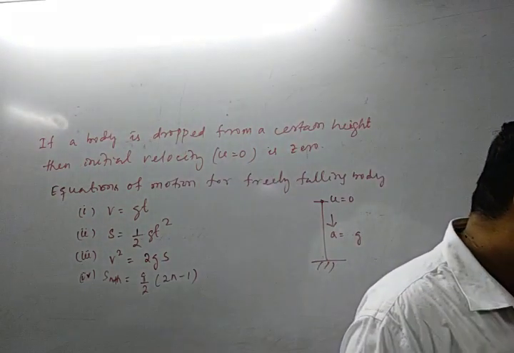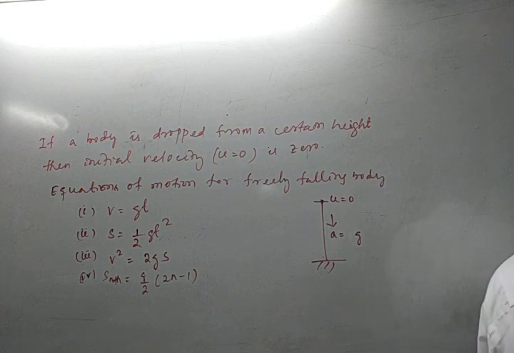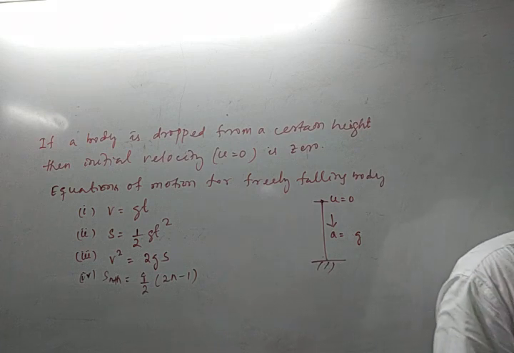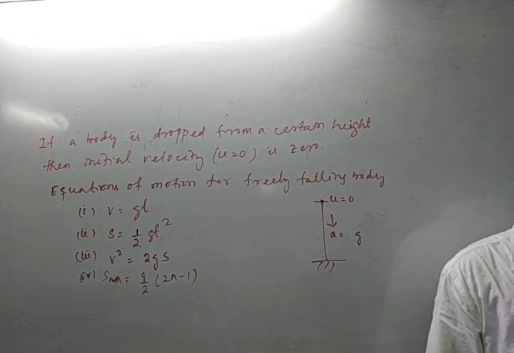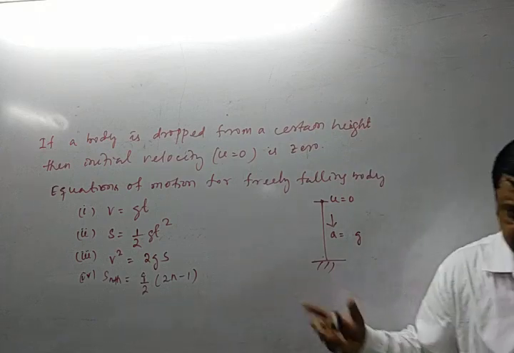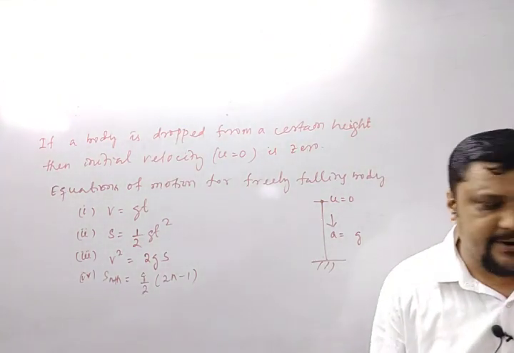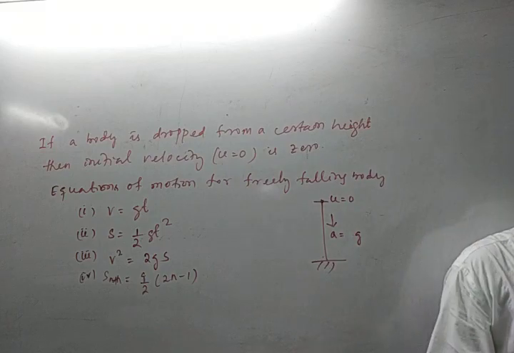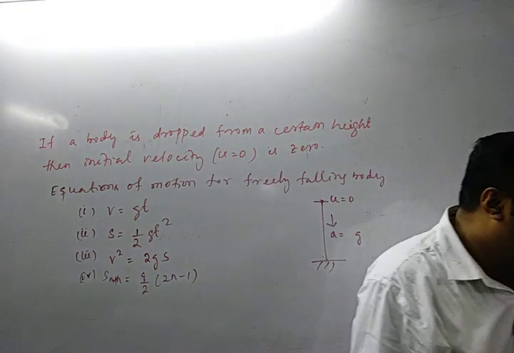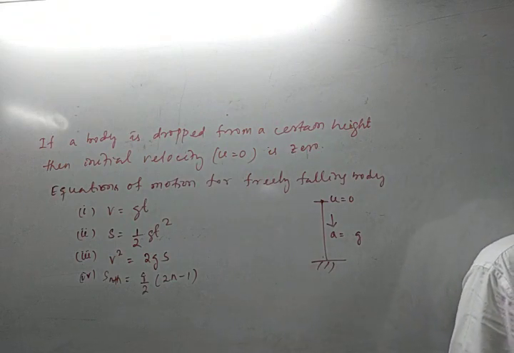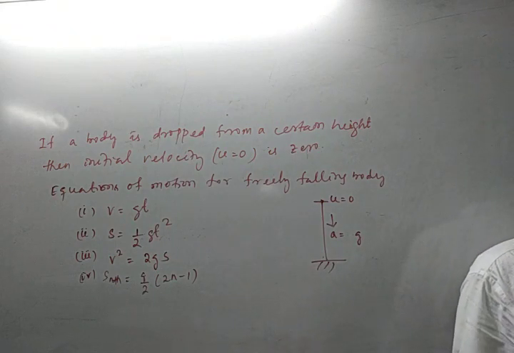Okay. After getting all these things, now we will switch over to the equations of motion. By using these equations of motion for a freely falling body, or a body which is vertically projected upward and is under the action of gravity, we will go for some expressions from there.